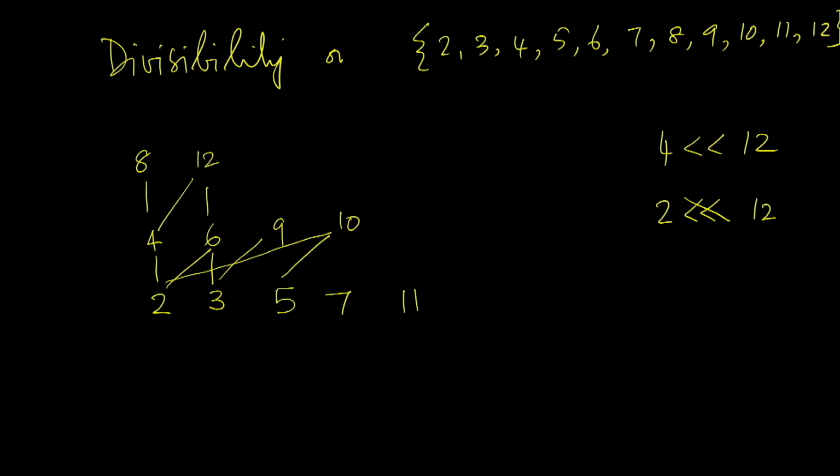So, there is a chain of divisibilities from 2 to 12, a chain of length more than 1. Therefore, there is an edge from 4 to 12, but there is no edge from 2 to 12. So, this would be the Hasse diagram for the divisibility on this set. The resultant partial order will be drawn like this.